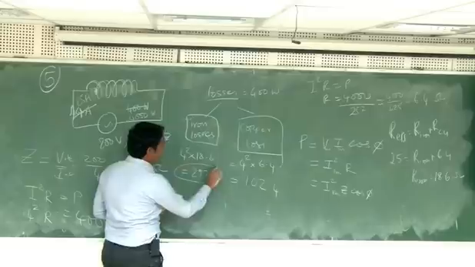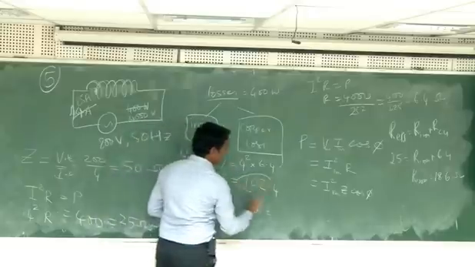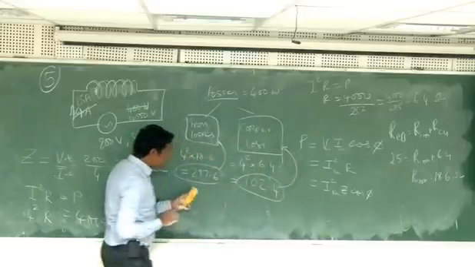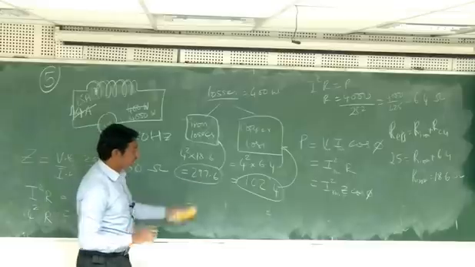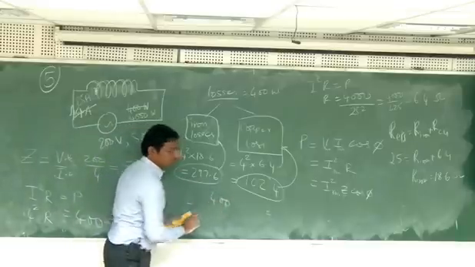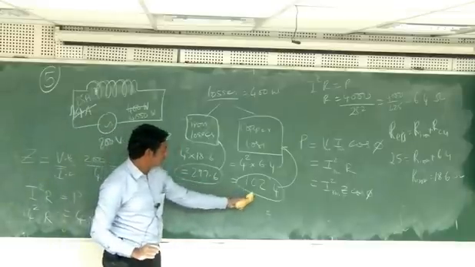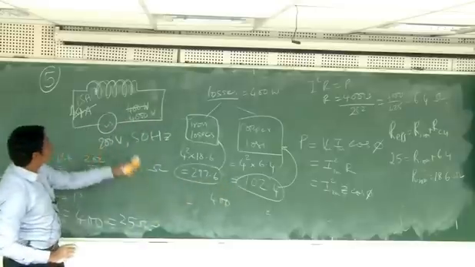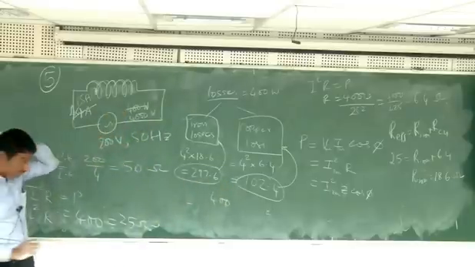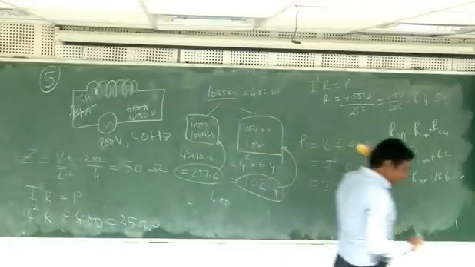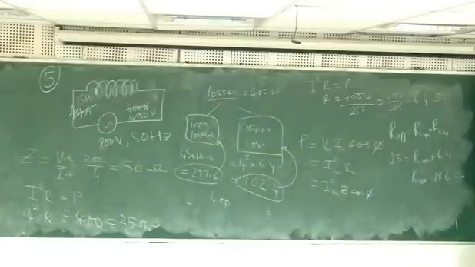This part is the iron losses and this part is the copper losses. If I add these two, you get 400 again, which is the earlier 400. Of course, this is a bit of a twisted kind of question, so it's okay.